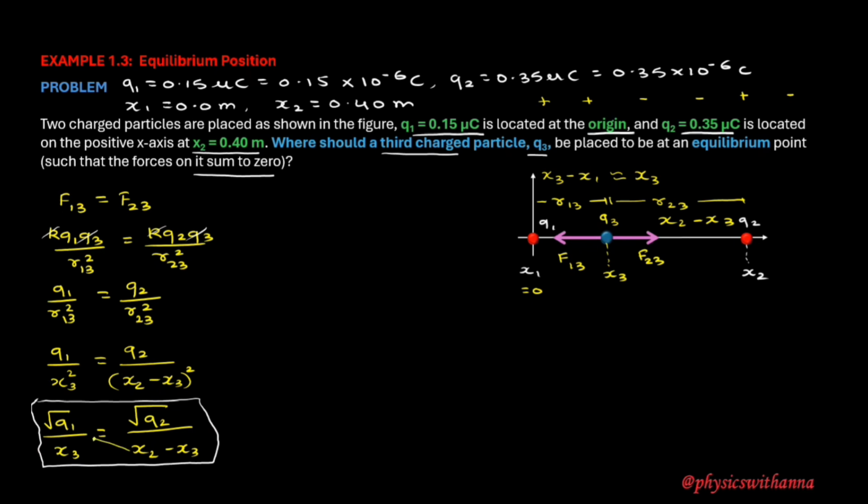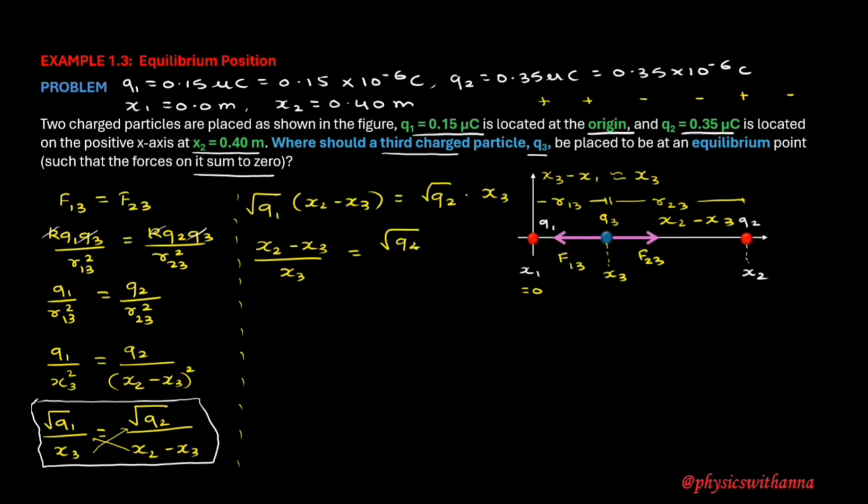You can cross multiply the terms over here, and we get square root Q1 times x2 minus x3 to be equal to square root Q2 times x3. Now bring the terms with x3 together and Q together. So I will write x2 minus x3 divided by x3 to be equal to square root Q2 over square root Q1.